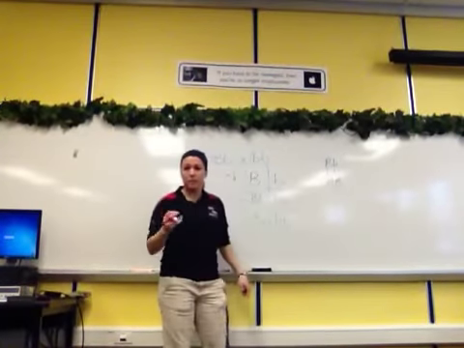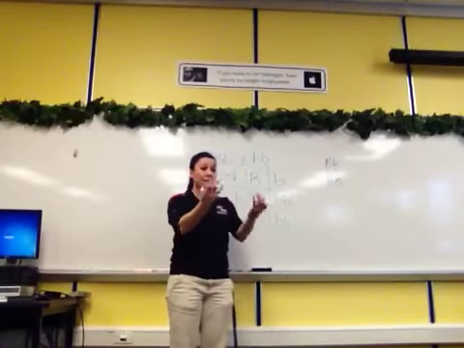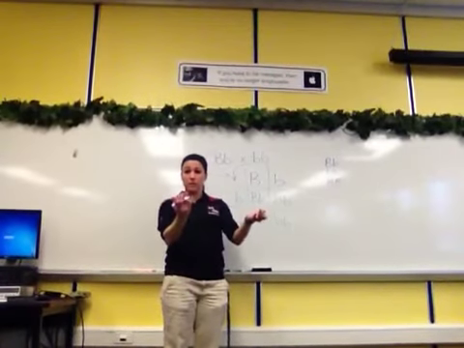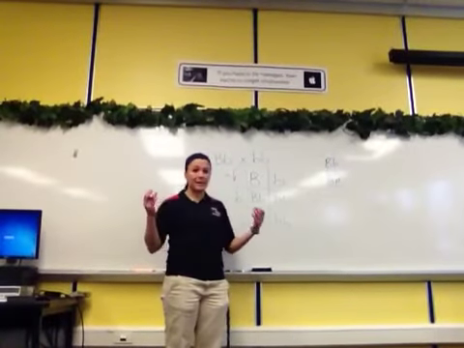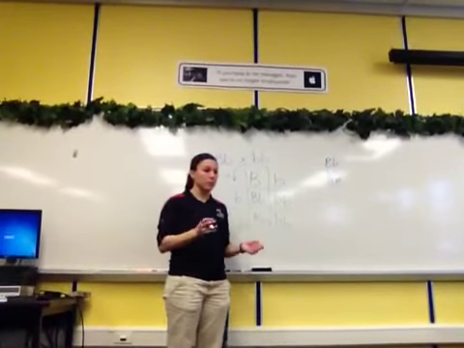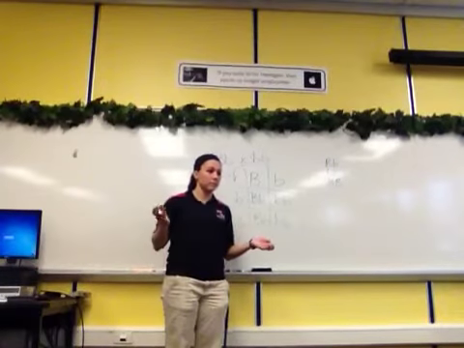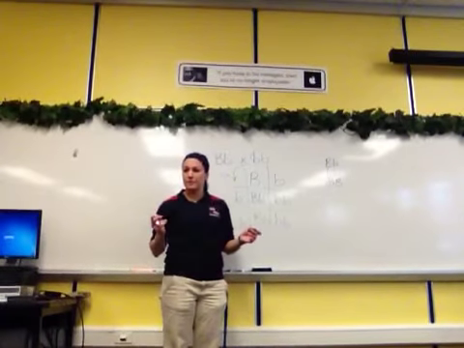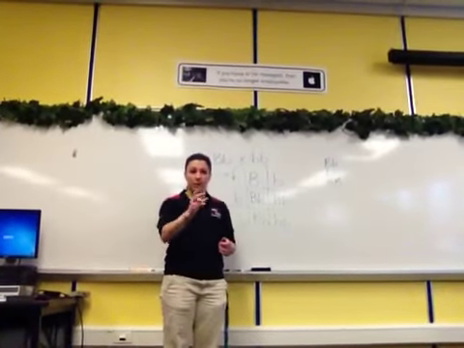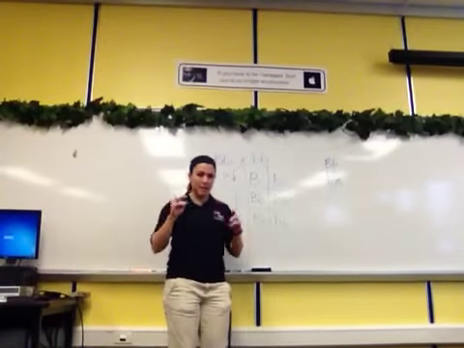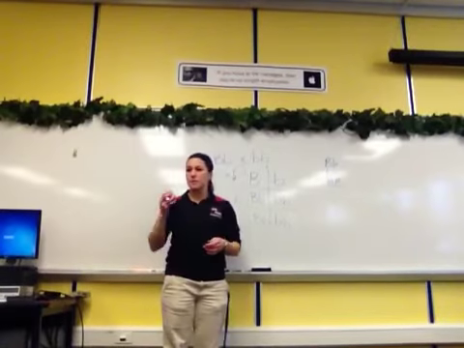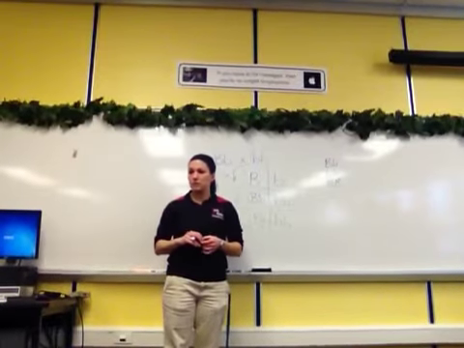Phenotype is the physical characteristic. You're tall, you're short. It's something I can see. I can see that you have brown hair or blue eyes. I cannot see if you're big B, big B, or big B, little b. First of all, that'd be weird. I can't see your DNA, but I can see what happens because of your DNA. So genotype is the DNA, the genetics. Phenotype is a physical trait that you can see.